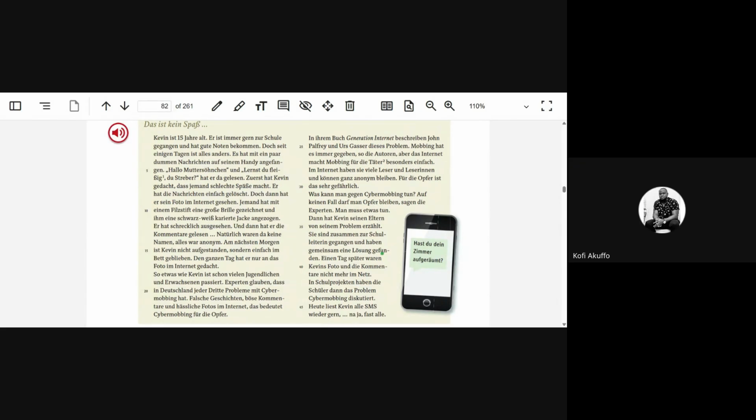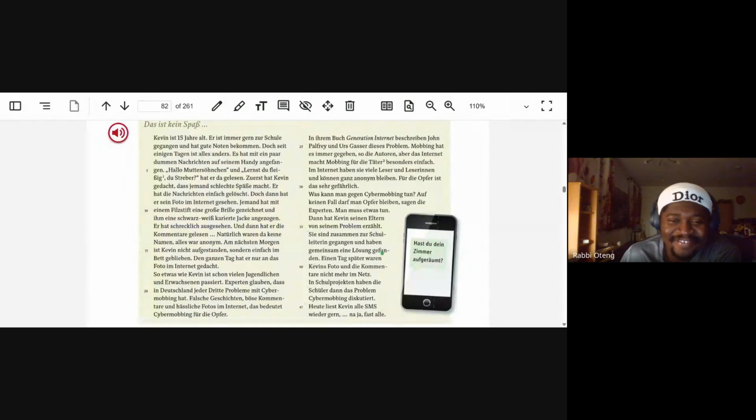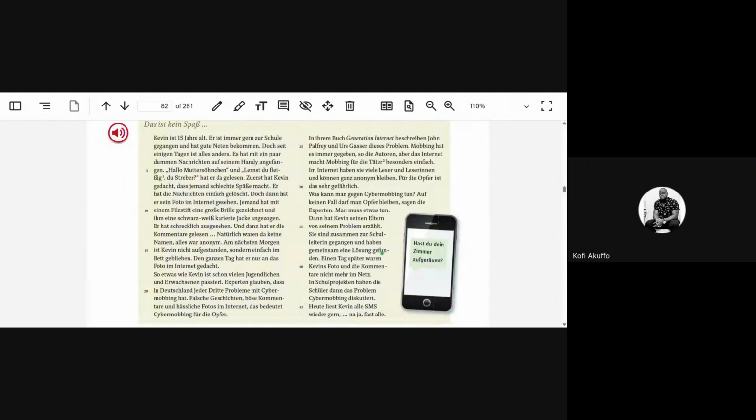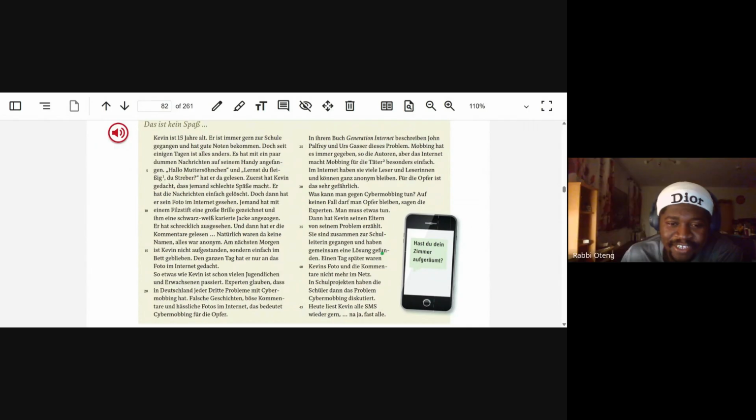Einen Tag später waren Kevins Foto und die Kommentare nicht mehr im Netz. In Schulprojekten haben die Schüler dann das Problem Cybermobbing diskutiert. Heute liest Kevin alle SMS.